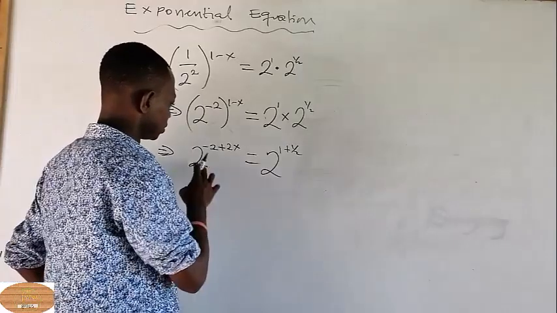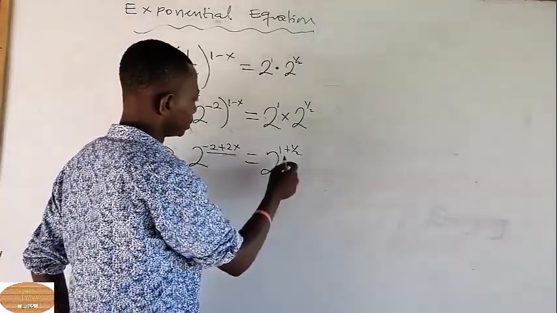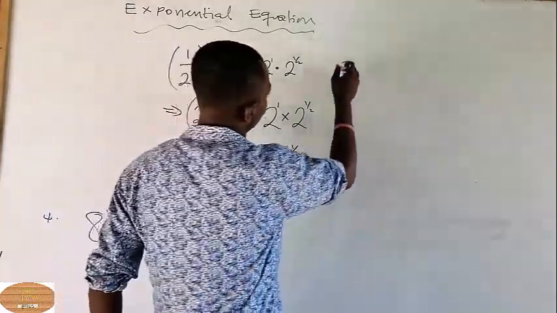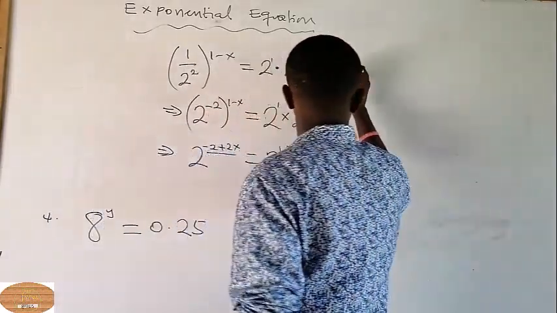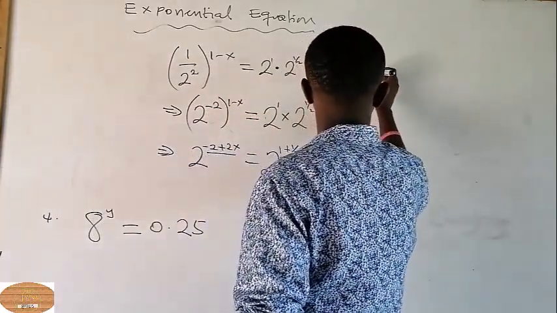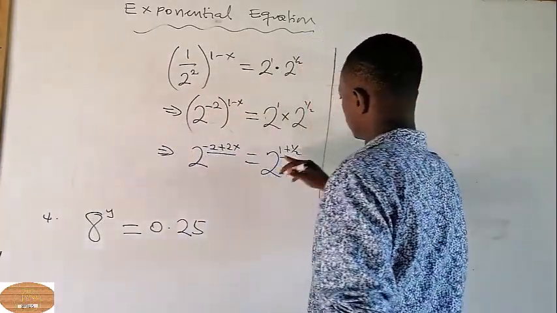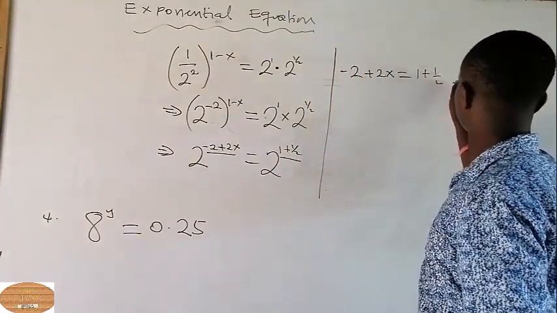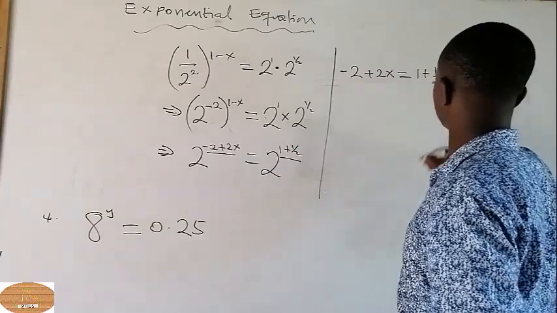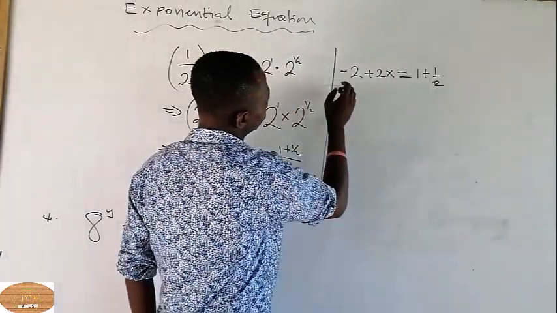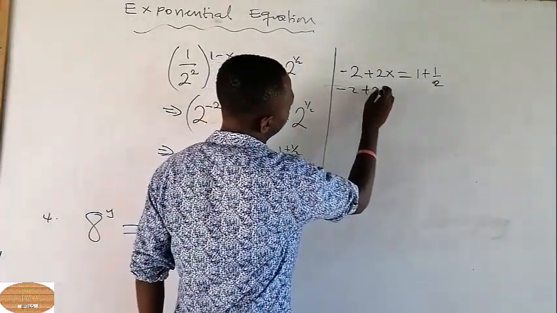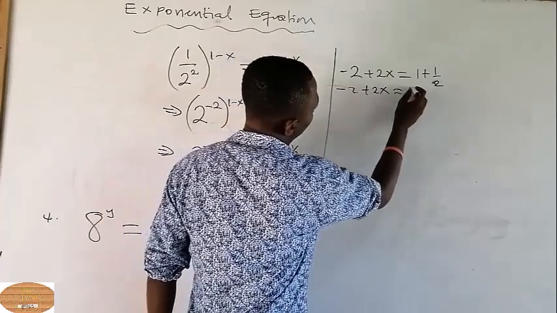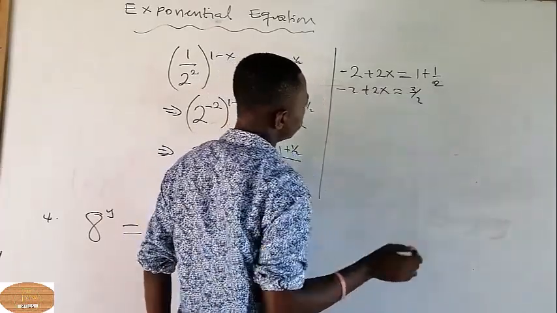So this one, I can equate this one to this. So this one is the same as minus 2 plus 2x equals 1 plus half. Okay. Right, I have this. So I have minus 2 plus 2x. So we have 3 over 2.